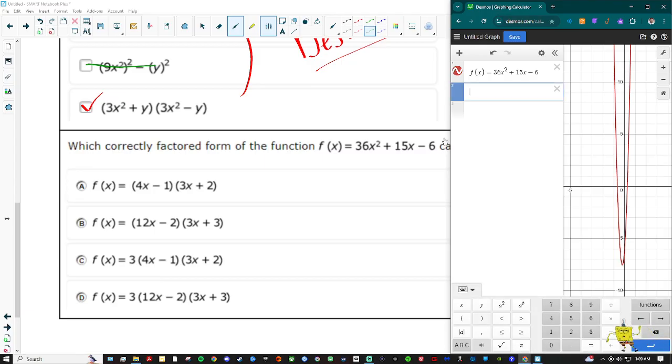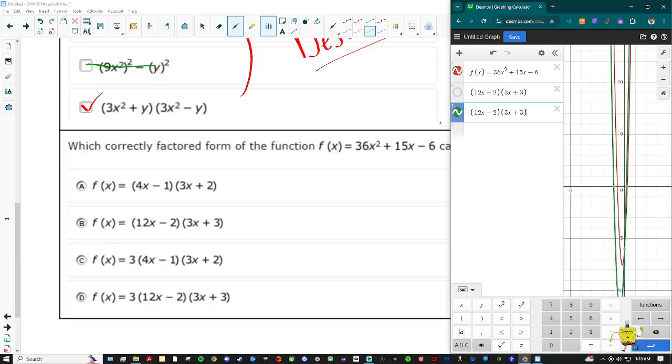Okay, let's start with the first one. 12x minus 2, 3x plus 3. Okay, you can see they don't overlap perfectly. Those aren't equivalent. We try the next one. 12x minus 2 and 3x plus 3.